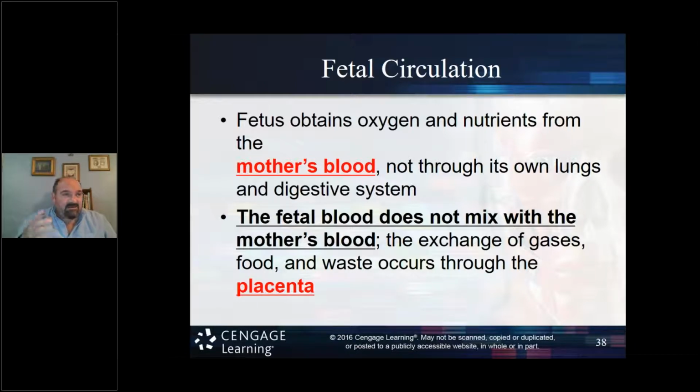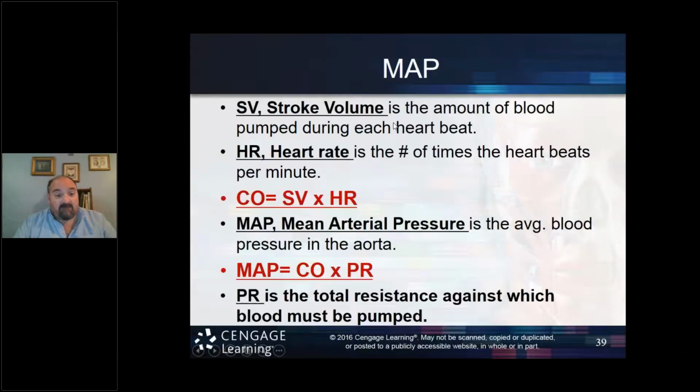Other than that, it's going to be a problem for subsequent pregnancies. It's only when the birthing process occurs that there can be more interaction between fetal blood and the mother's blood. This all takes place via the placenta during fetal circulation, during the development of the baby.